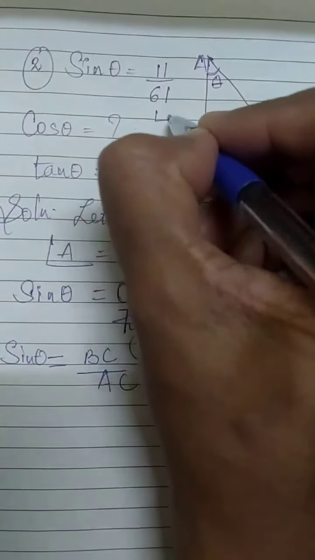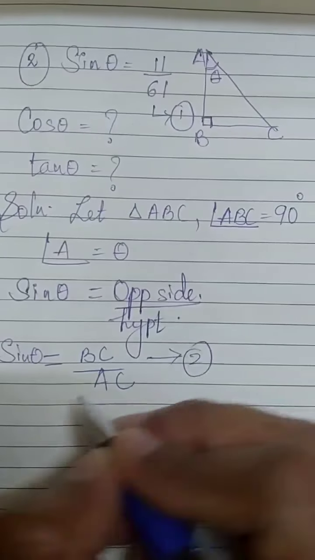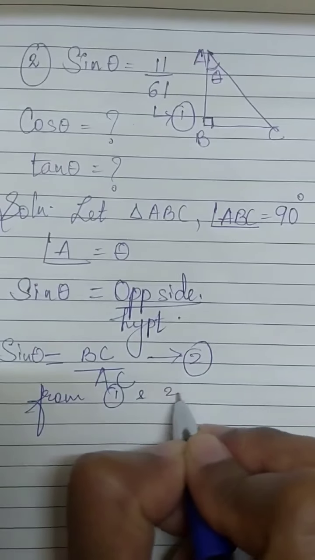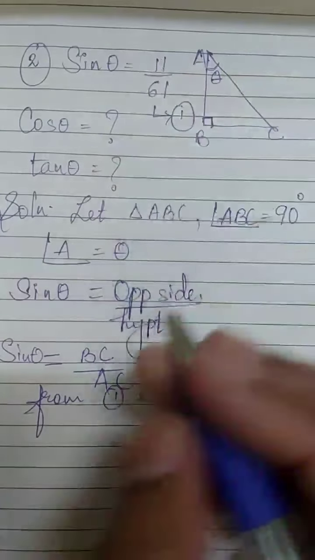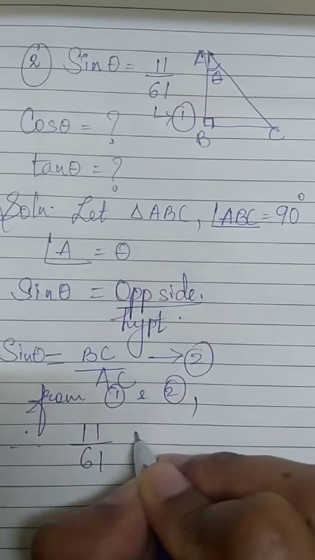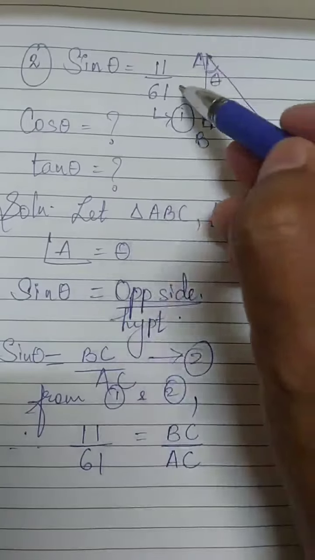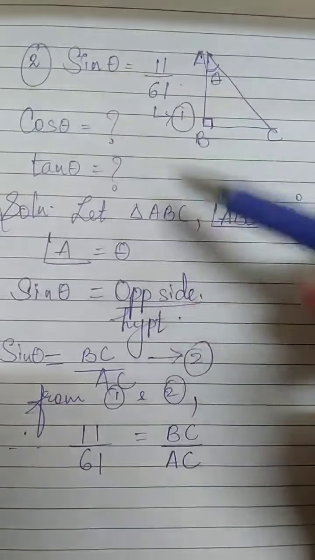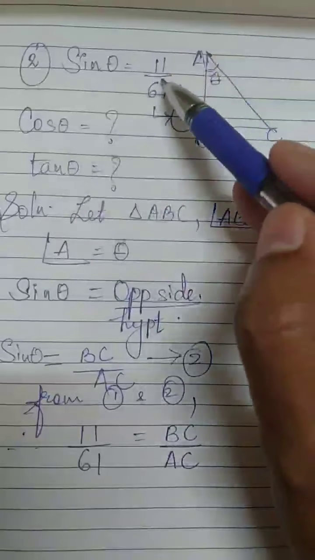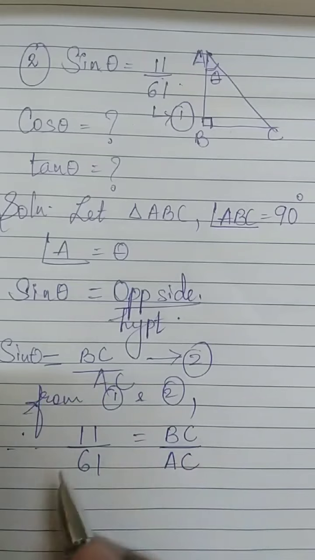Now this we will give as equation 1 and this as equation number 2. From 1 and 2 you get, therefore, 11 upon 61 is equal to BC upon AC. In both equations, left hand side is sin theta, so we equated the right hand side.